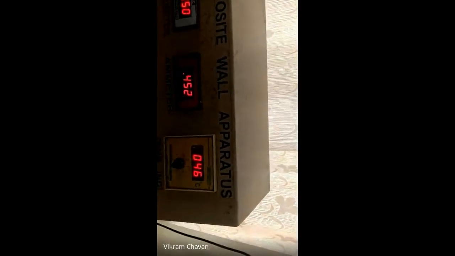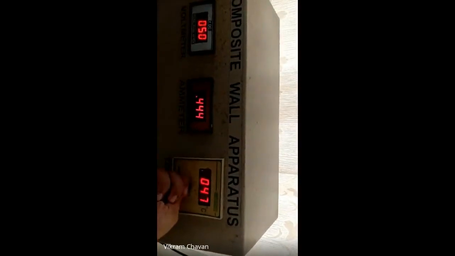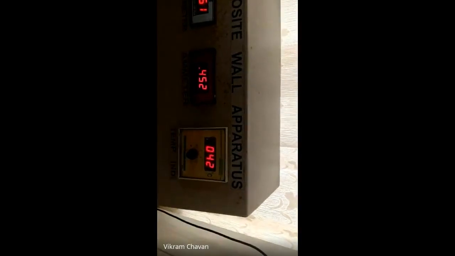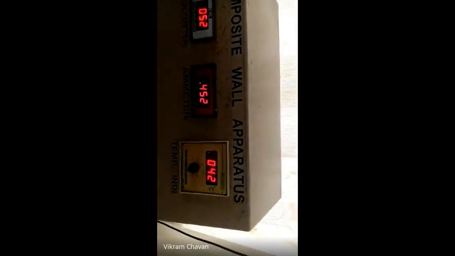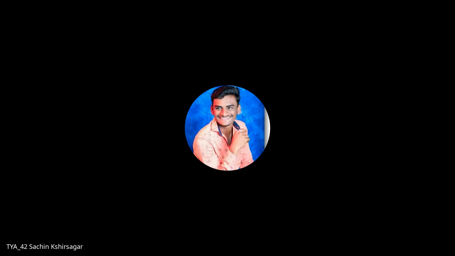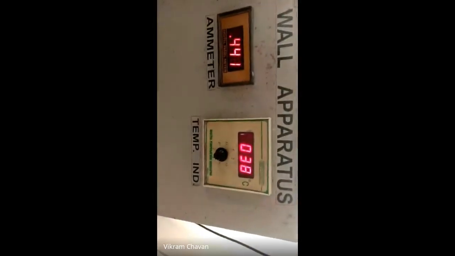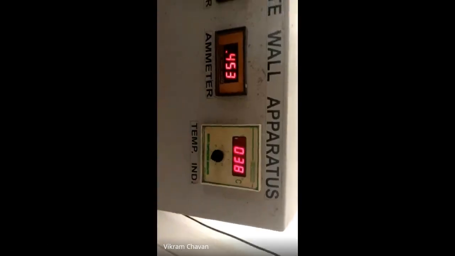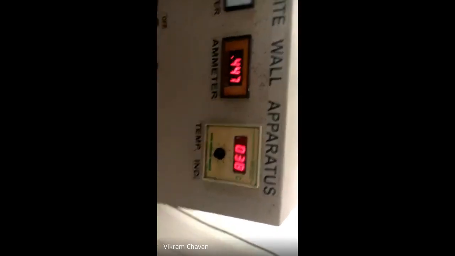T4 46. T5 42. T6 42. T7 38. And T8 also take 38.